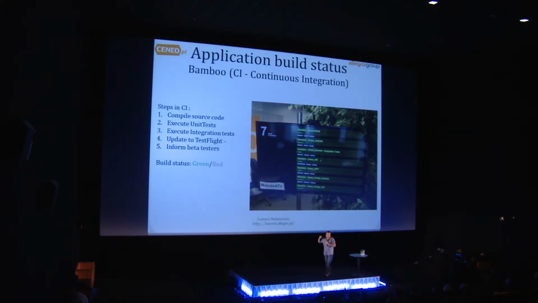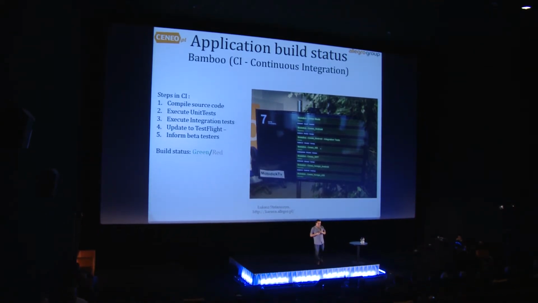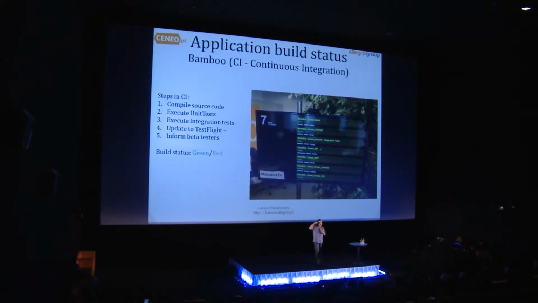In one execution of Bamboo, we have the execution of the unit test, the execution of the integration test, and there was also a second part. We used TestFlight, for example, to push our executed and tested code to the outside alpha testers.